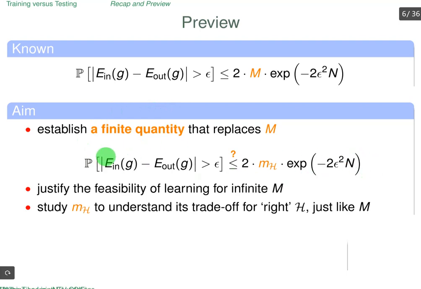So here, this is our new form, the probability of bad event bounded with a small m. We will try to come up with something that can replace m. As a result, we will avoid m being a big set of hypotheses. So we justify the feasibility of learning for infinite m and study what we call small m to understand the trade-off for the right hypothesis set.